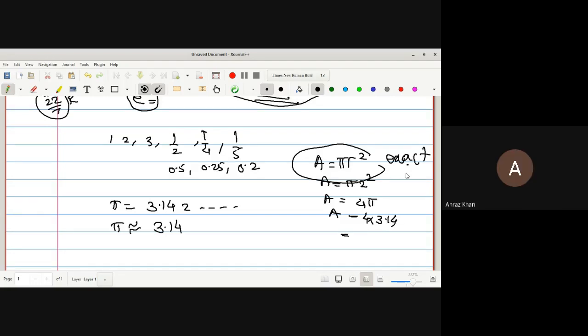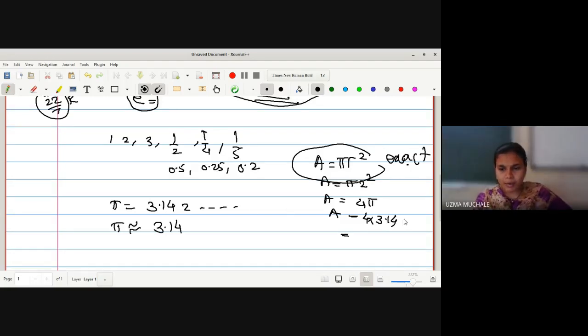No, ma'am. Since we are using the approximate value of pi here, even if you use 22 upon 7, you will still get some approximate value, correct? If you have a calculator, or you can use your mobile phone itself, and calculate the value. No doubt you are not going to get the exact value of the area of that circle.